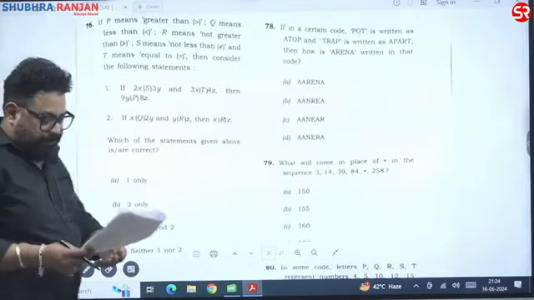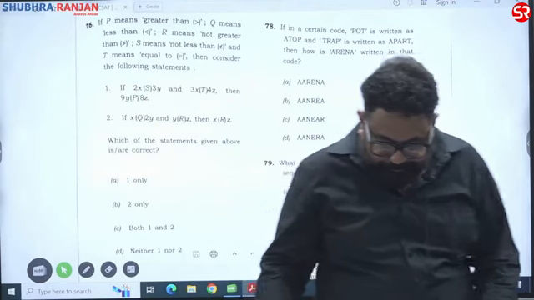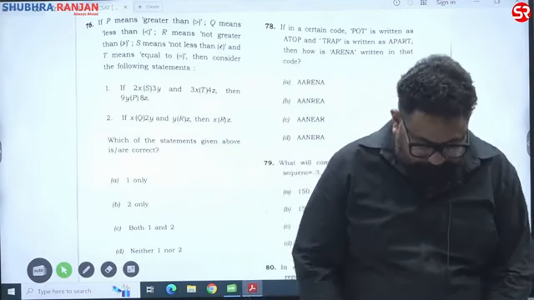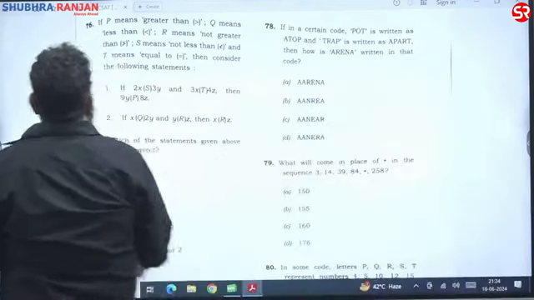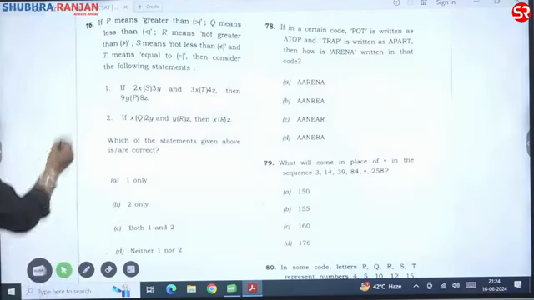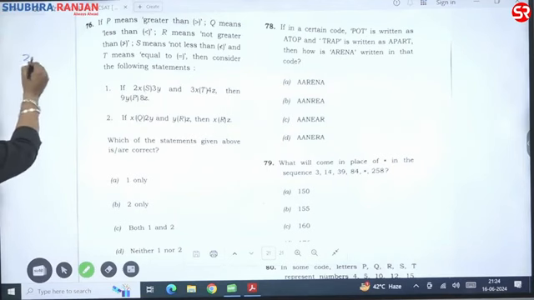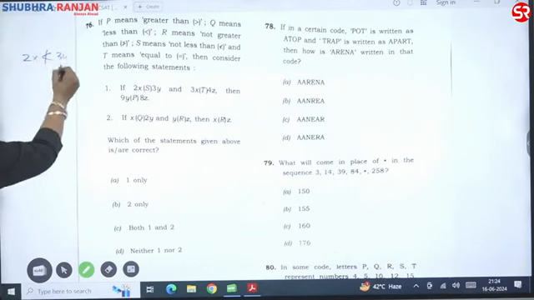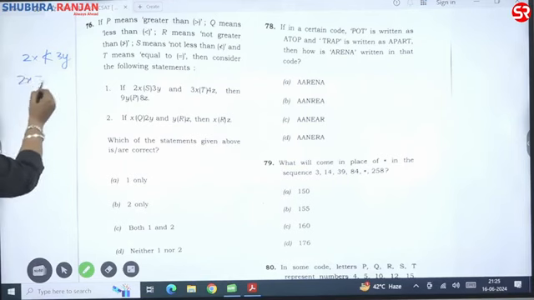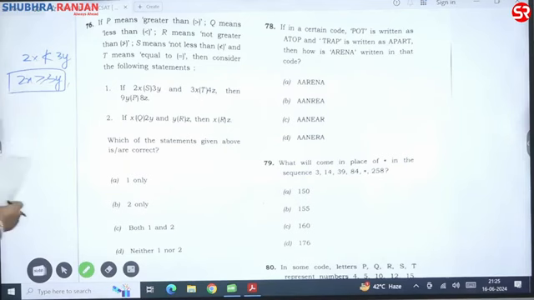So again, these are symbols. Let me see. This is question number 76. So check this out. If you read the first thing, 2x s3y, it actually gives you 2x is not less than 3y, which means 2x is greater than or equal to 3y. And the second portion is 3x t 4z, which means 3x is equal to 4z. This would give you a relationship, but the question says: consider the following, which of the statements is true?